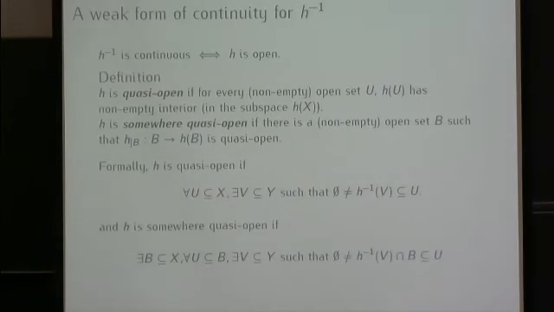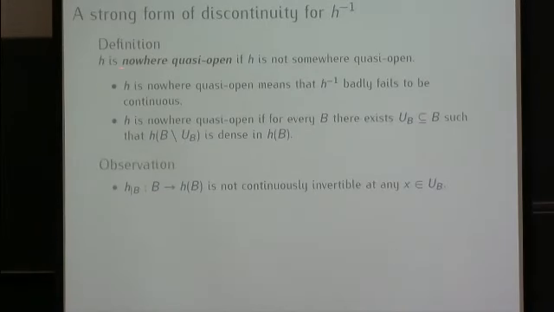So now we define the converse of this. h is nowhere quasi-open if it is not somewhere quasi-open. So it's a strong notion of discontinuity for the inverse of h. So when you write down what it means to be nowhere quasi-open, it starts by: for every ball B there is an open set U_B in B such that something holds.